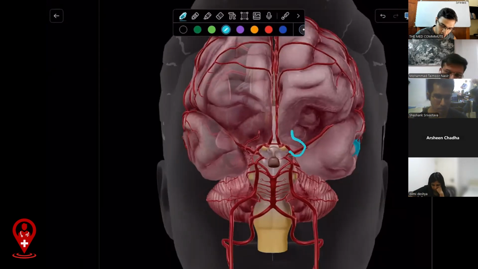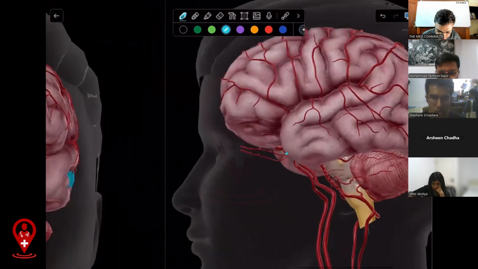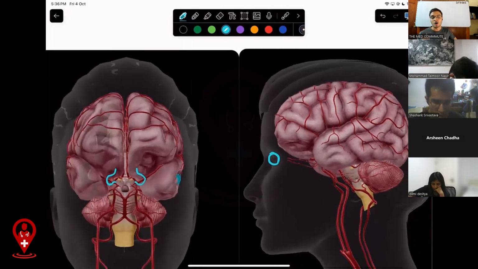These two. What are these two? These are ophthalmic arteries, guys. Here in the side view, you can see it very clearly going towards the eye. These are ophthalmic arteries. They are also coming out of the internal carotid. So apart from the ACA and the MCA, the internal carotid is also giving this ophthalmic artery branch.